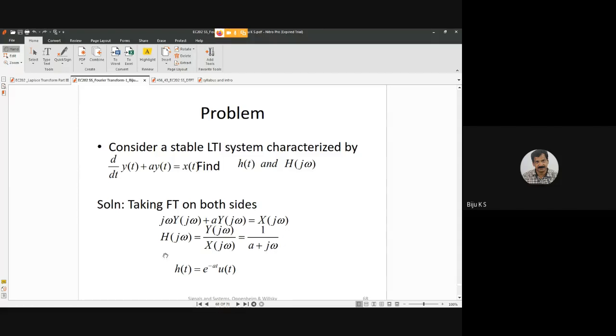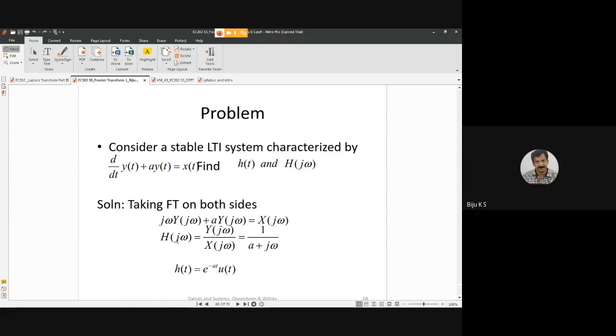In the numerator there is only a real term, so the square root of 1 is 1 itself. The denominator is the root of a square, the real part square, plus omega square, the imaginary part square. So the answer is 1 by the root of a square plus omega square. You can apply different values of omega so that you can plot the magnitude response.